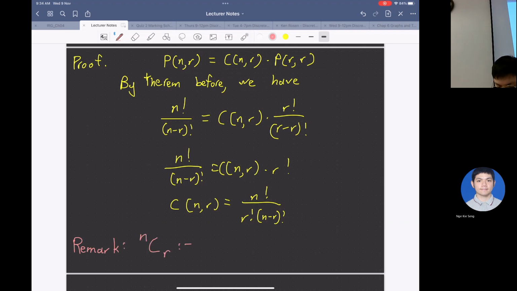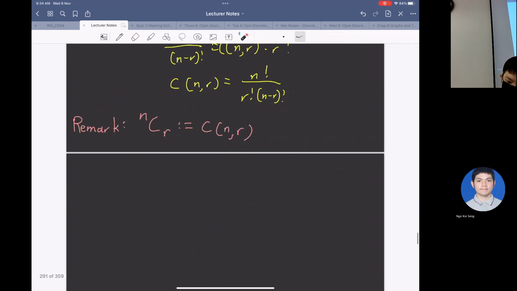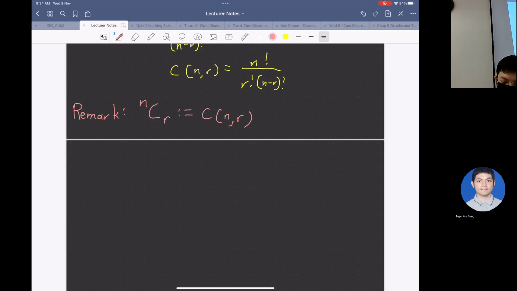This notation, these two notations: n choose r, and then the factorial notation. So looking at this formula, if you stay long enough, then you can notice something.